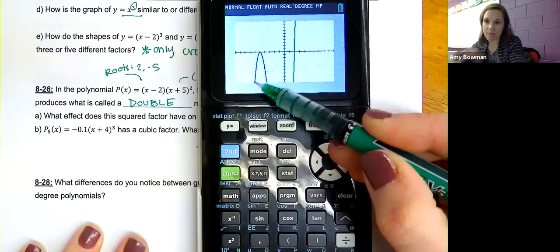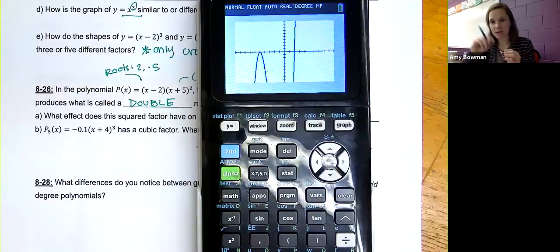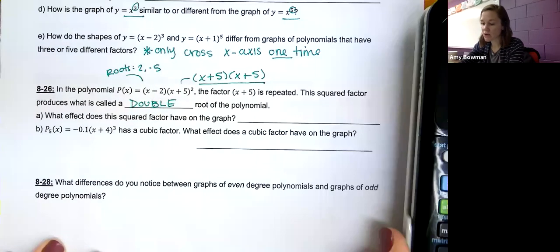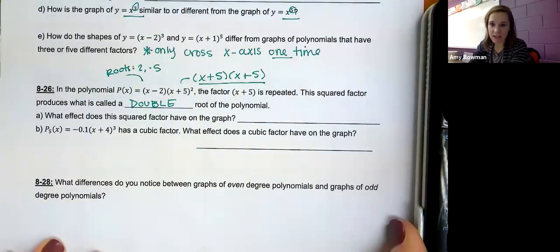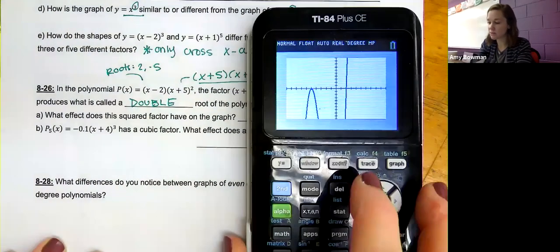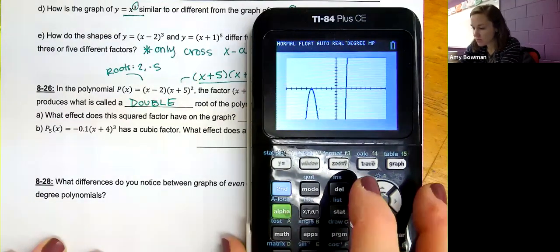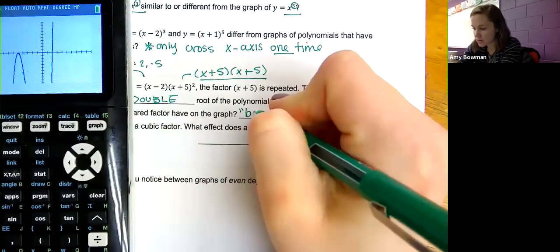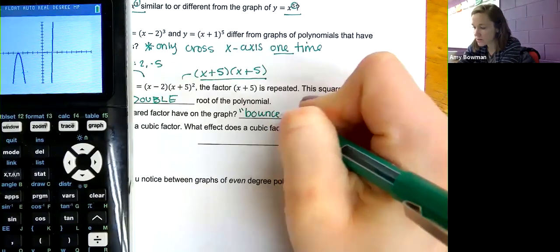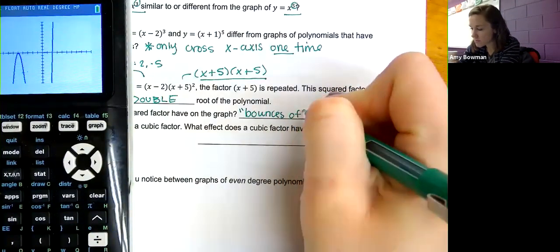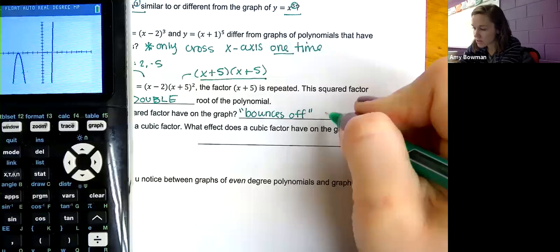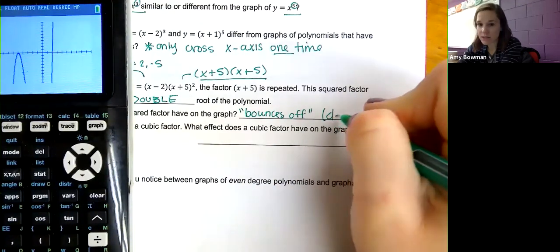We call this bouncing off a deflection. It's deflecting away from the x-axis. So the effect this has on the graph is that it deflects. I'm still going to write bounces off, I think that's just easier to understand. Technically, I would call that deflection, so I'll just write deflects right there.